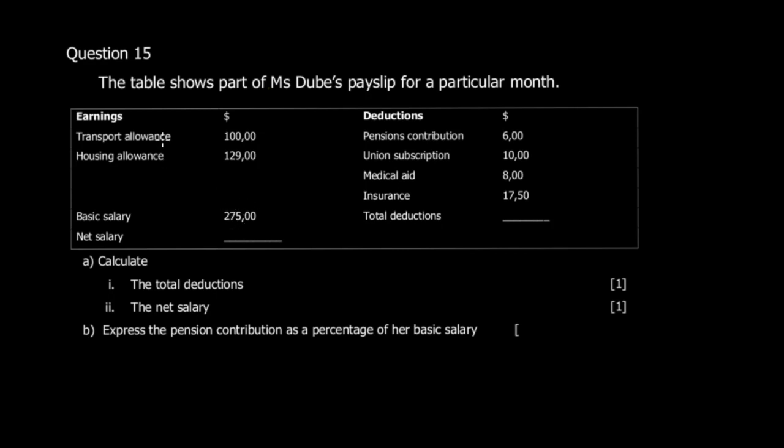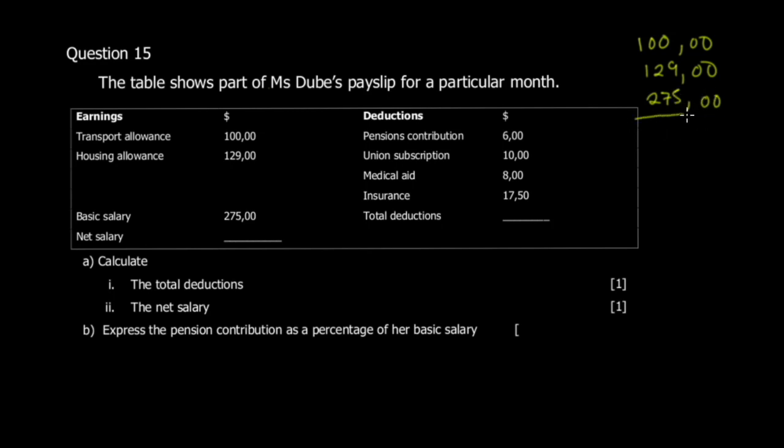You should also add the allowances, overtime, anything, so that you get the gross salary first. Okay, so your gross salary would be, so this is 100, this is 129. Okay, these are allowances, so they're earnings. This person is receiving all this money, $275.